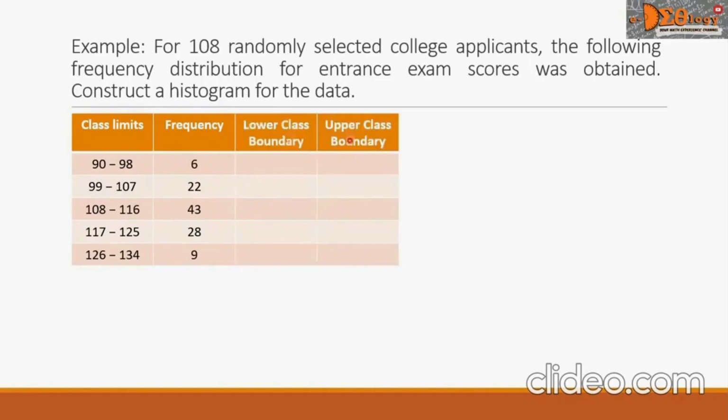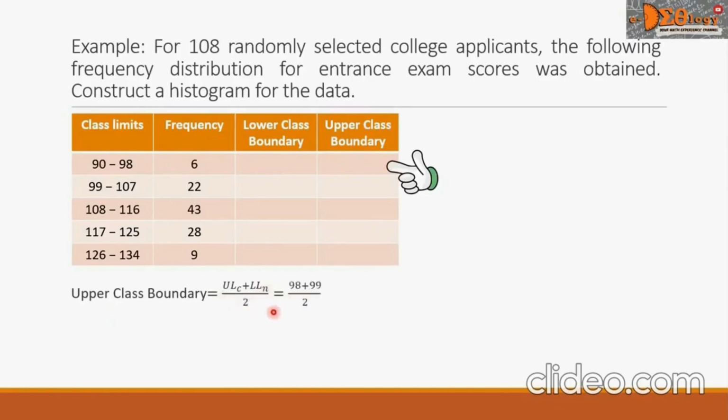We need two more columns, and these are lower class boundary and upper class boundary respectively. Let us now solve for this first blank here for the upper class boundary, which is for the first class interval. The formula is given to us, which is upper limit of the class plus the lower limit of the next class divided by 2.